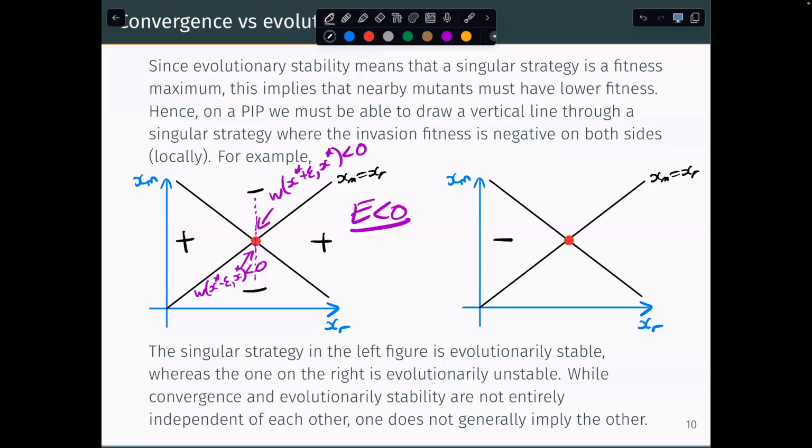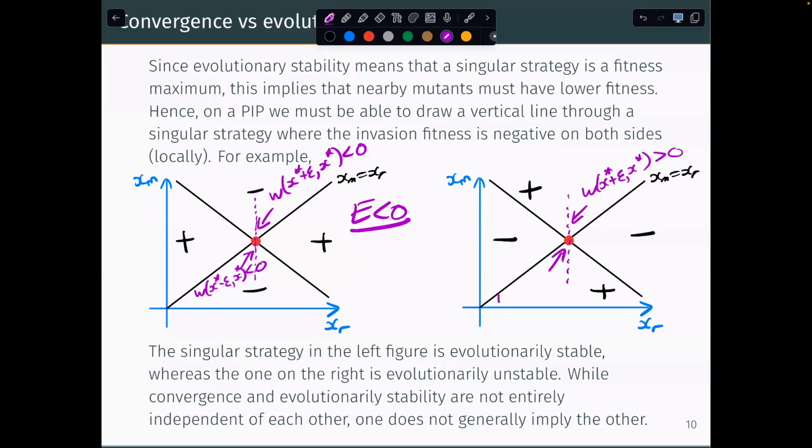What happens if we flip these regions round now? And again, draw that vertical line. Well, now, if you slightly increase your trait value, so we go to W of X star plus epsilon on this side, we're in this positive region. So invasion fitness is positive.